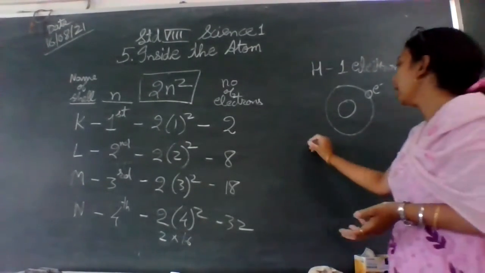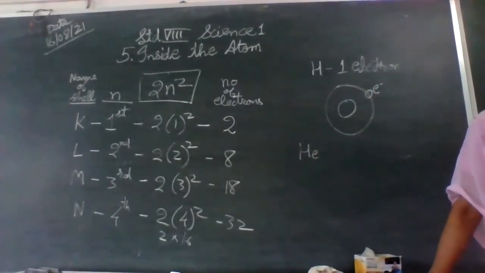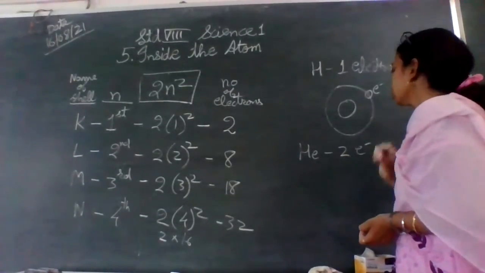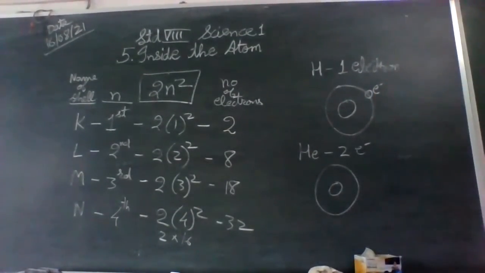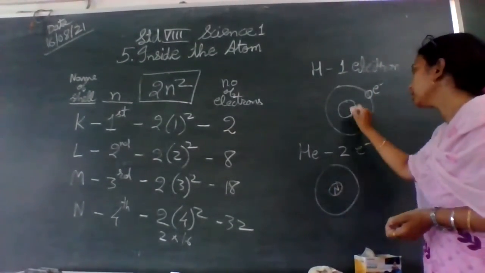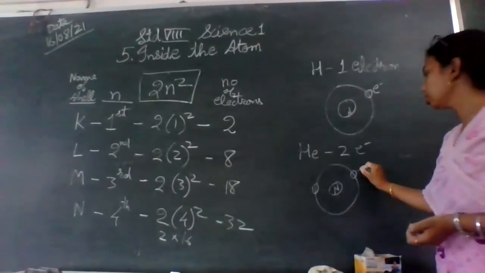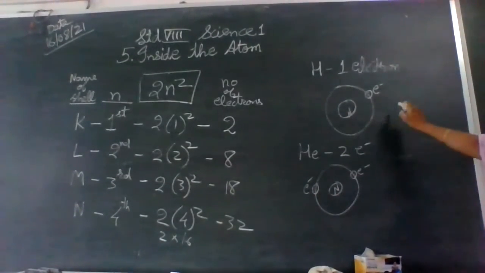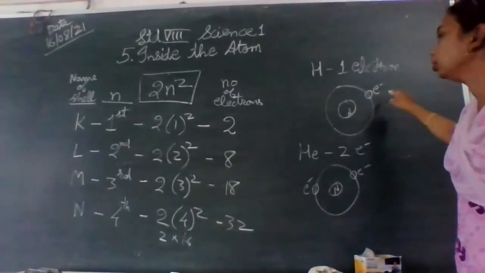Next, if you go for helium, there are 2 electrons in an atom. So how will we draw the atom of helium? This is the nucleus, and here we have to draw 2 electrons. You can see the orbit of hydrogen is incomplete. It can accommodate 2 electrons and has only one.